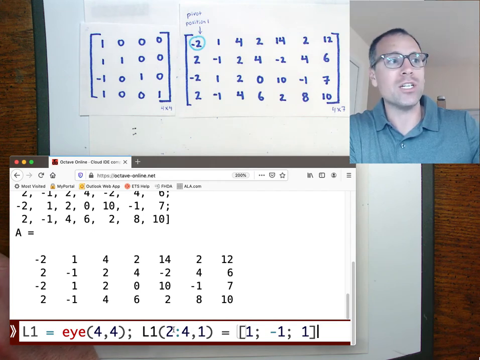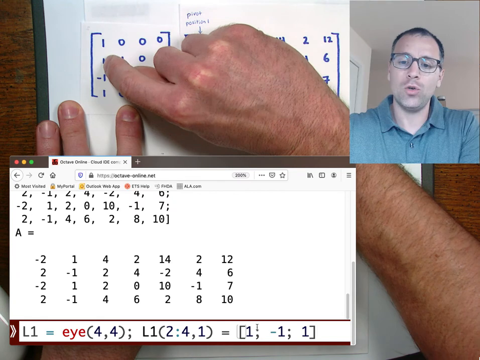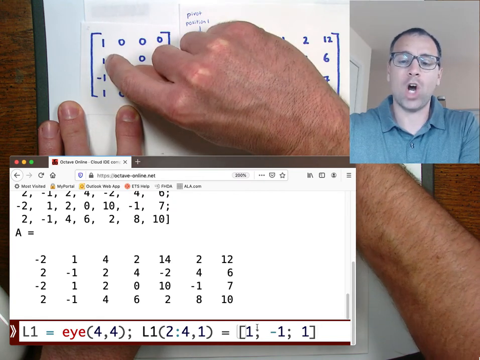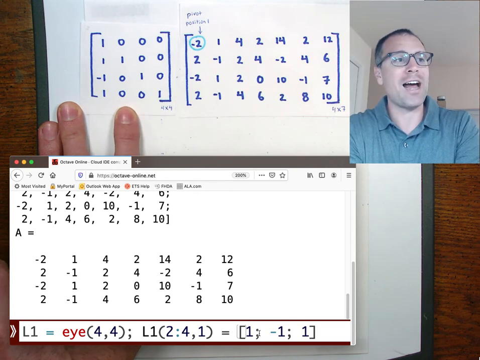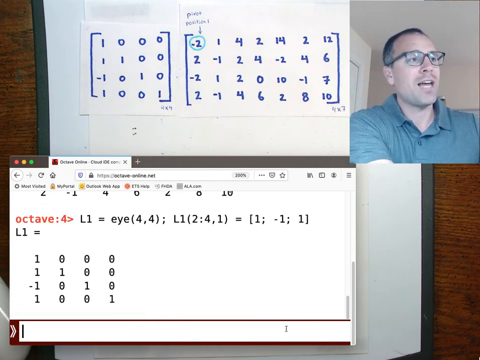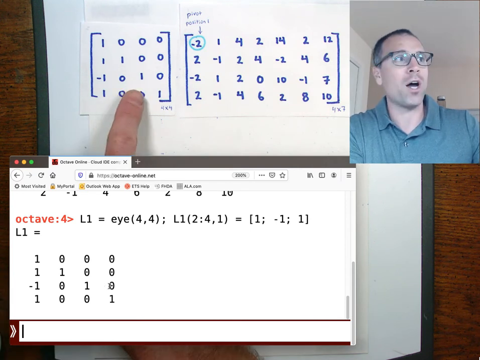So here we're using index notation. That will be the column vector 1, negative 1, 1, which is exactly what I have stored there. When I execute that code, I see that L1 is the matrix that I want on screen.